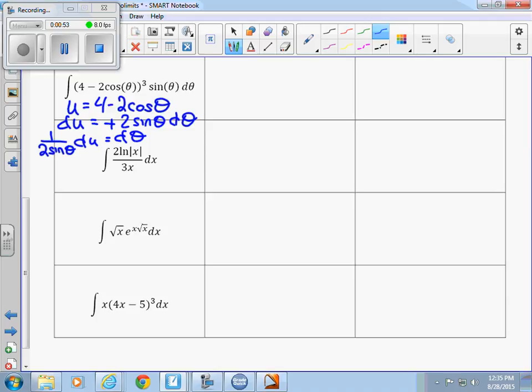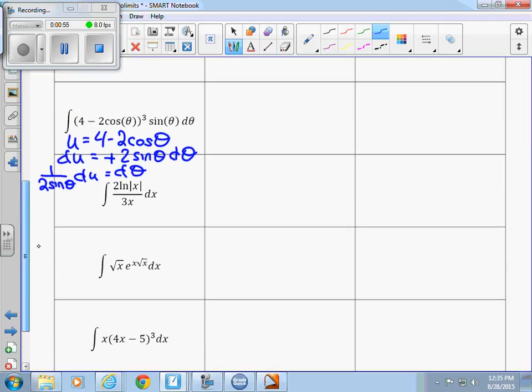Now I'm going to rewrite the integral using my u substitution. So it is the integral of u cubed sine of theta times 1 over 2 sine of theta du.